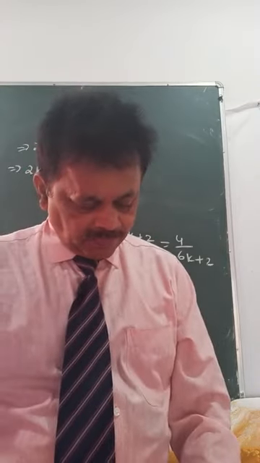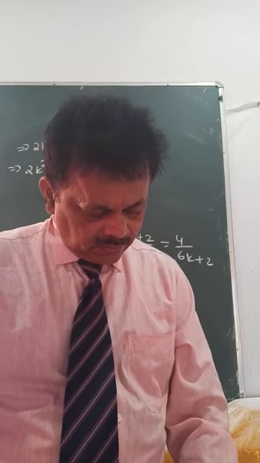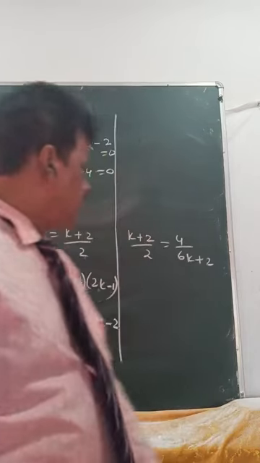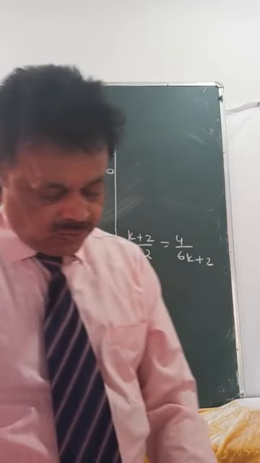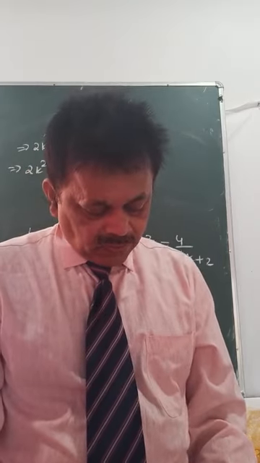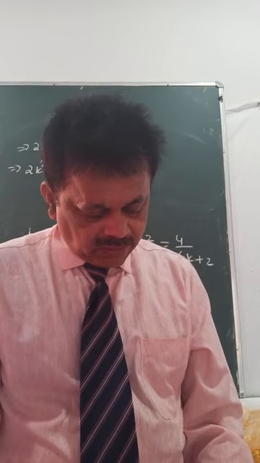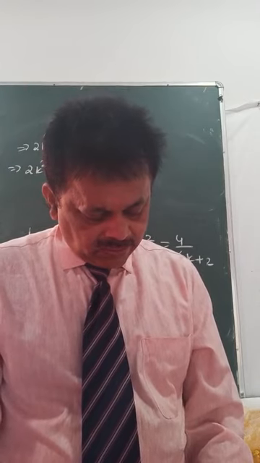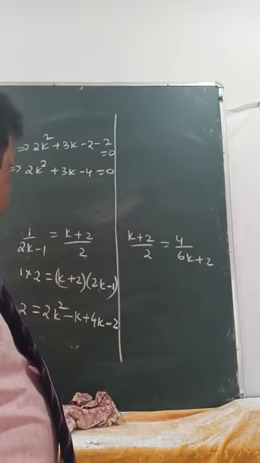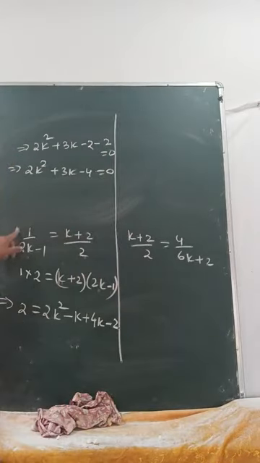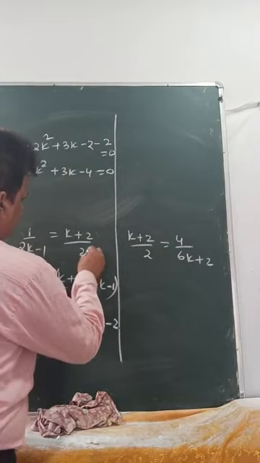Okay, it was 25y. Do a correction. 1 by 2k - 1 is (k + 2) by 25. There is a correction required. Let's check here, this is 25.